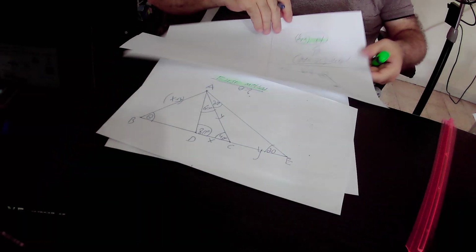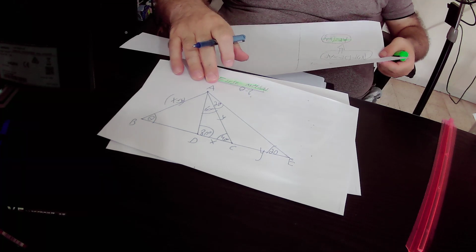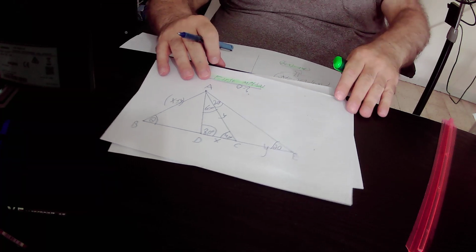In the next step, I will copy triangle ABE, the big triangle ABE, in this page, and we will analyze triangle ABE.